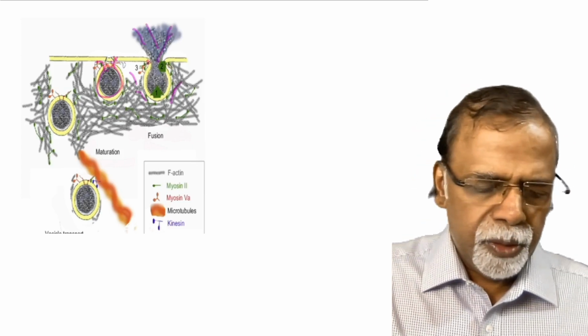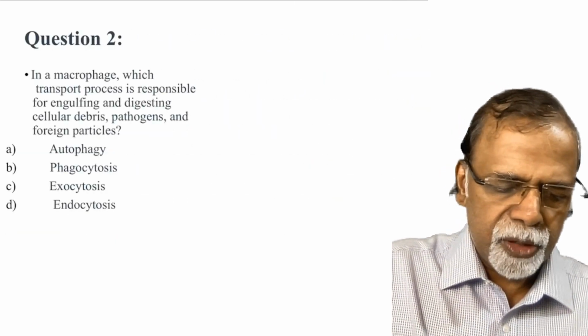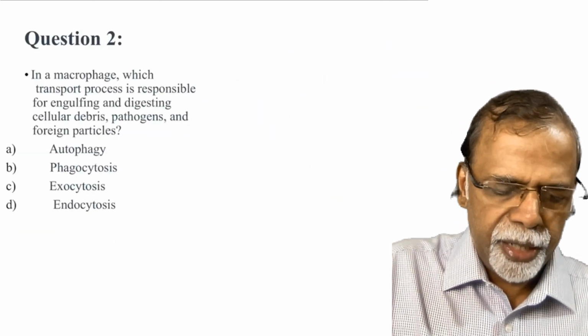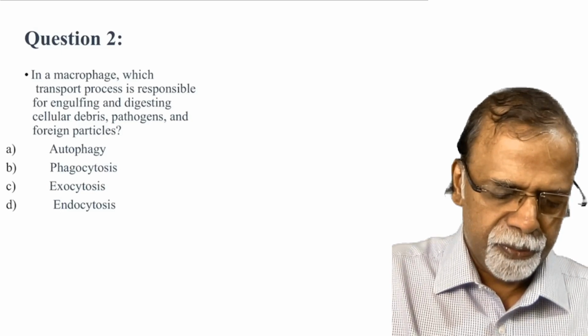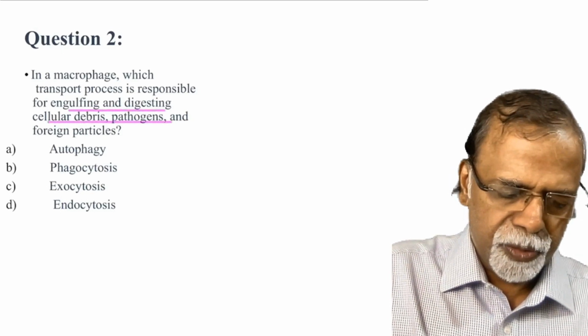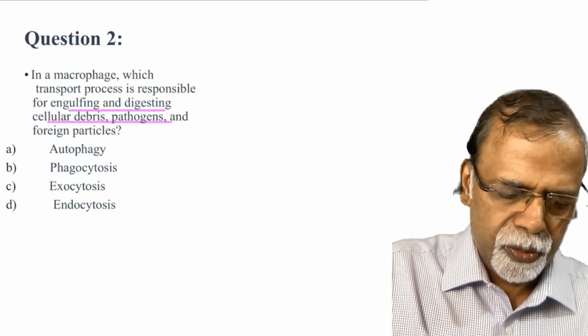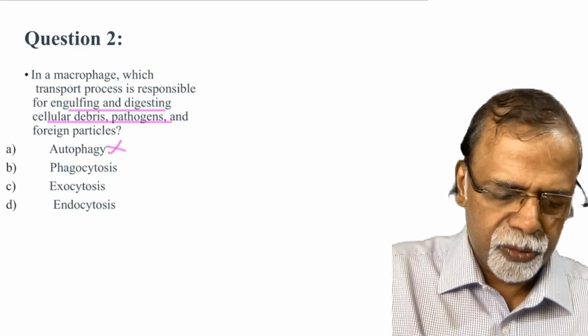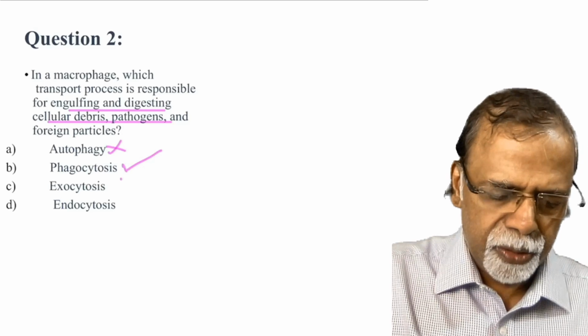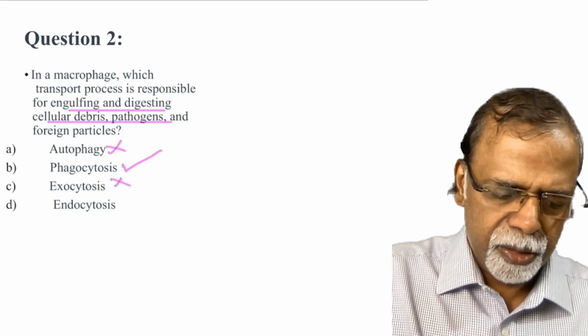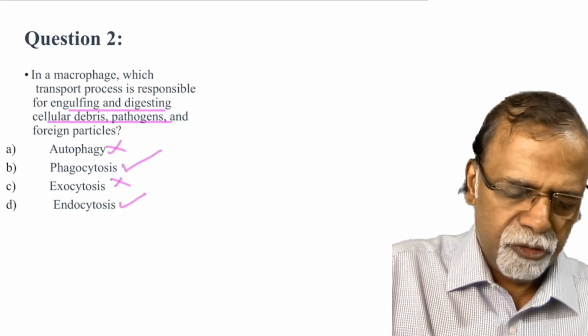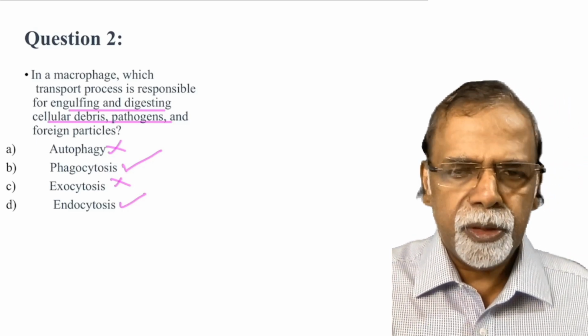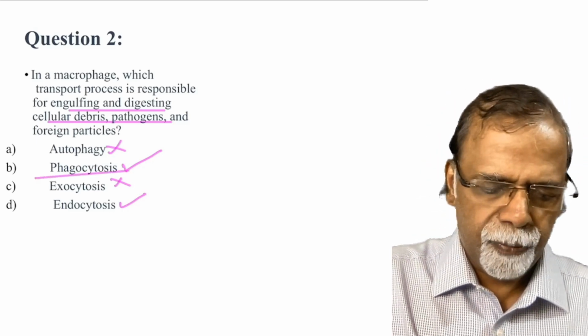Question number 2, in a macrophage, which transport process is responsible for engulfing and digesting cellular debris? The correct answer options: it is not autophagy, it is phagocytosis, it is not exocytosis, it is endocytosis, but the best answer option will be phagocytosis. Hope this point is clear to you.